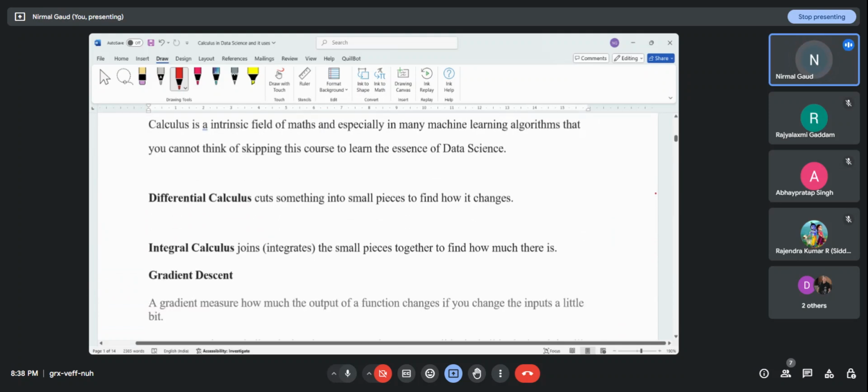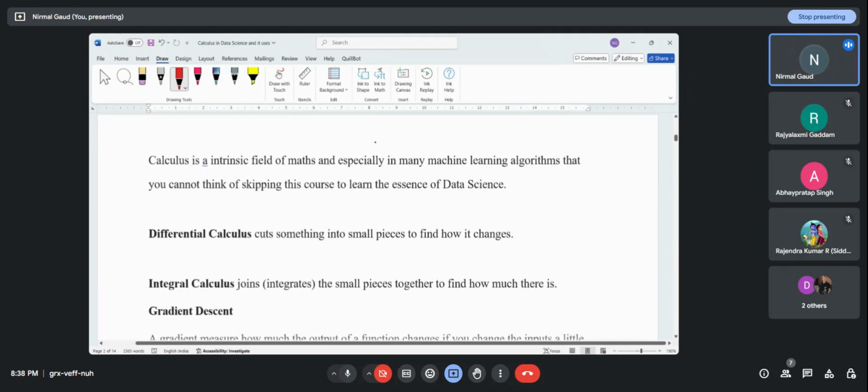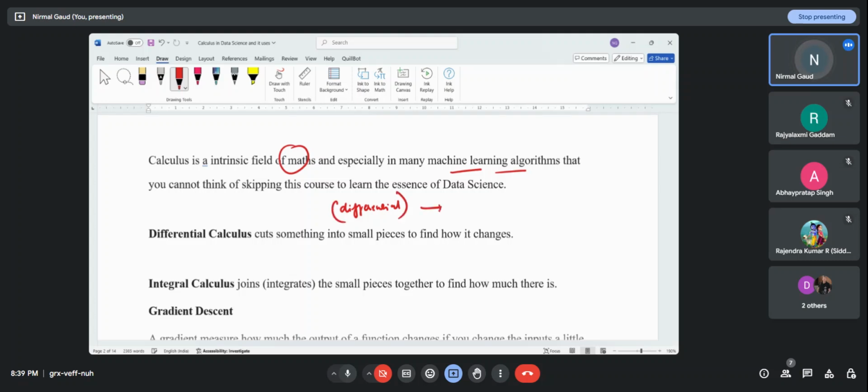Okay, so calculus is a part of maths, and in machine learning algorithms we do use calculus, and we cannot skip this topic in both data science and machine learning. Okay, in machine learning mostly differentiation is used. Differentiation is highly used, especially for optimization.